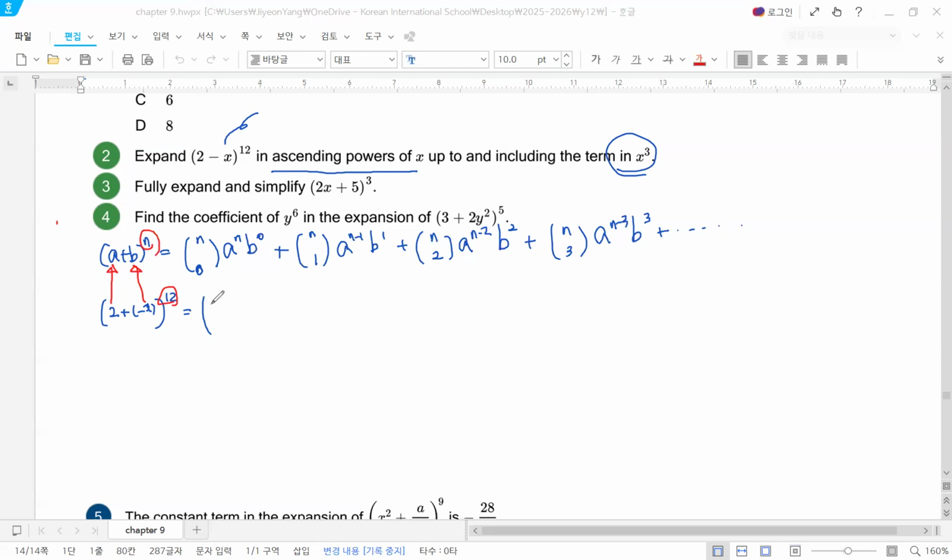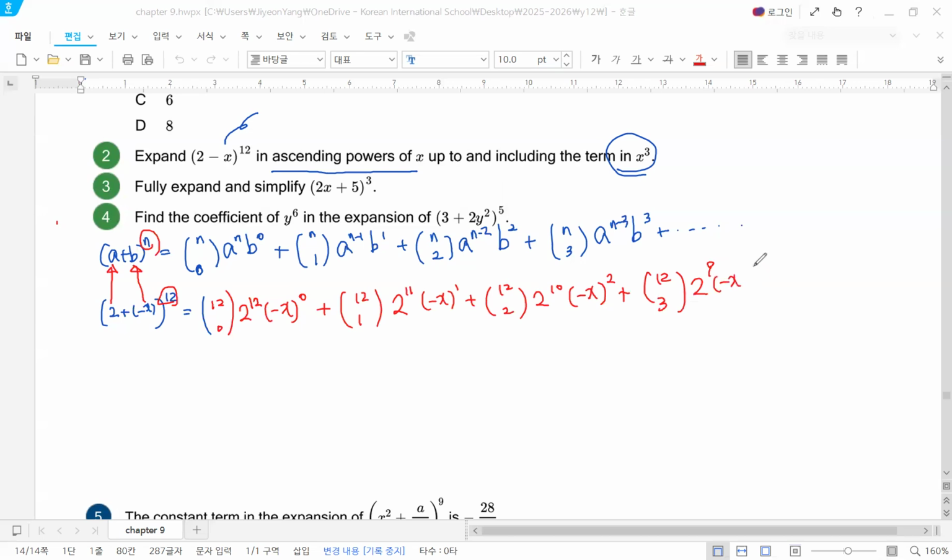Let's rewrite this: 12 combination 0, 2 to the power of 12, negative x to the power of 0, plus 12 combination 1, 2 to the power of 11, negative x to the power of 1, plus 12 combination 2, 2 to the power of 10, negative x squared, plus 12 combination 3, 2 to the power of 9, negative x cubed, plus ... Since they ask you to go ascending until x cubed, that is done.